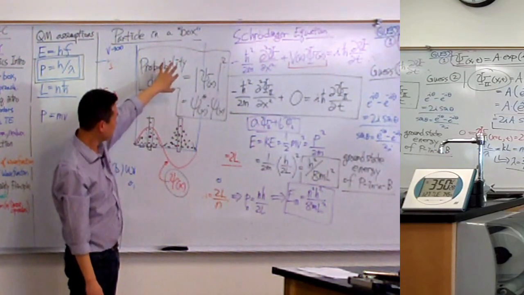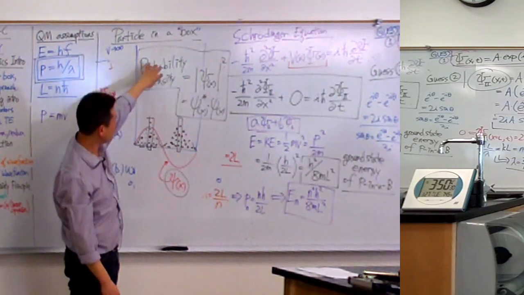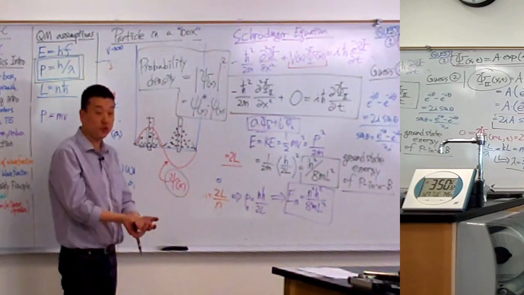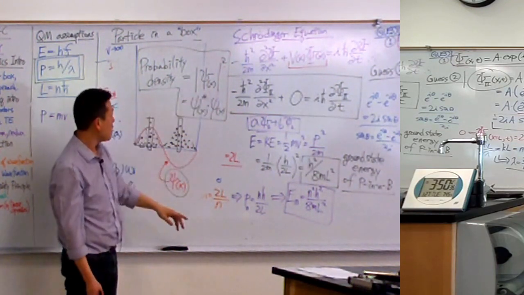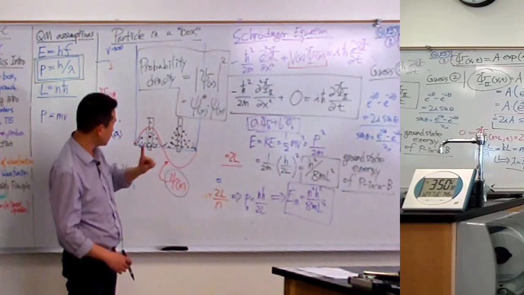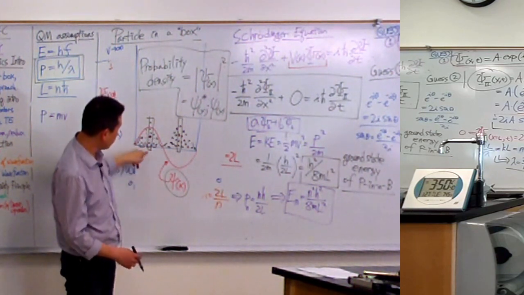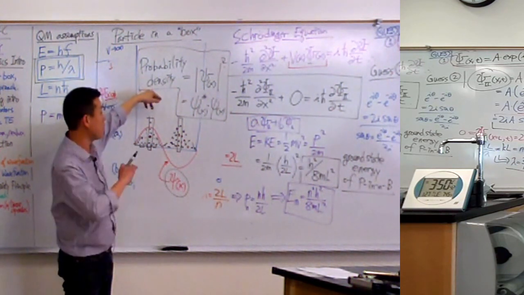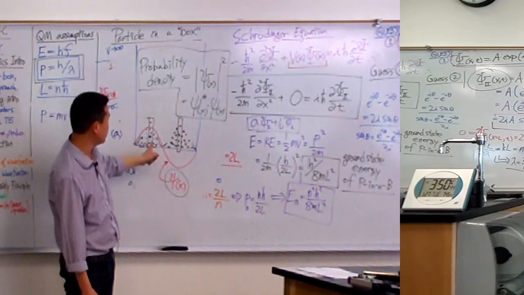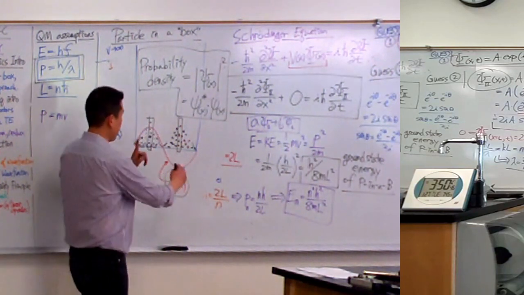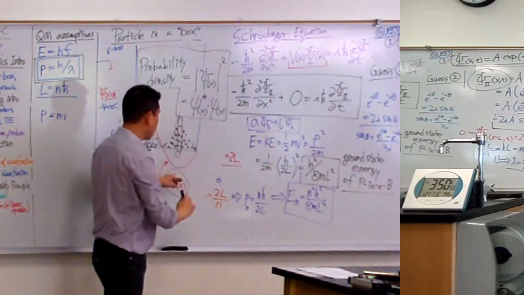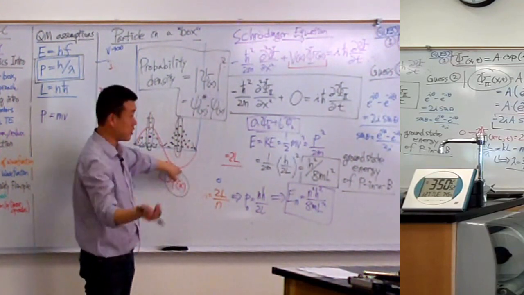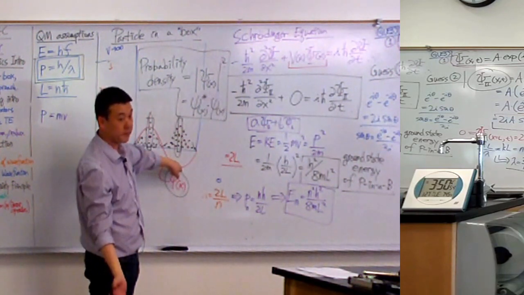Now to make it actually a probability density, we have to do something called normalization. We'll talk about that later, but at a minimum, where this absolute value squared is greatest is where you have the greatest likelihood of finding the particle. That's why you have the greatest likelihood of finding the particle here and here. It doesn't matter that it's negative because all you care about is the absolute value squared.